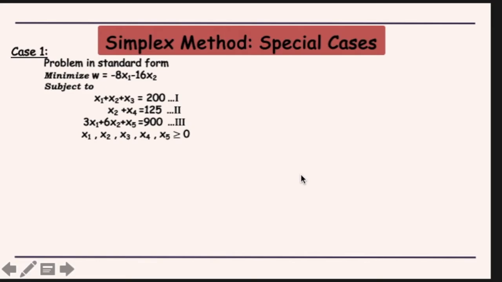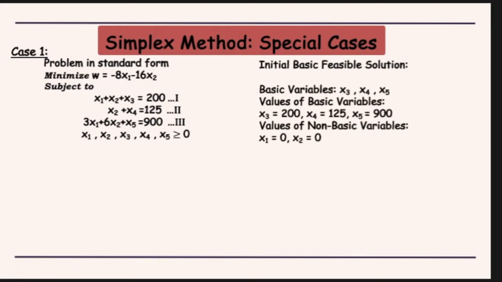So this is the problem in the standard form, and the initial basic feasible solution which I have is that my basic variables are x3, x4 and x5, and their values are 200, 125 and 900, and the others which are the non-basic x1 and x2, they have values 0. Now let us look at the tableau in the first iteration.